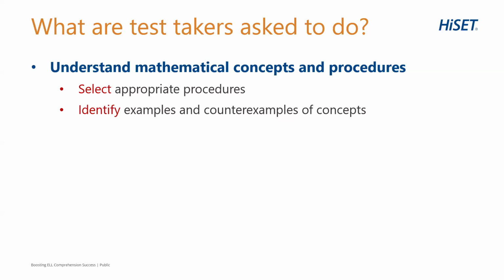First they're asked to show that they understand mathematical concepts and procedures. Okay, so I highlight the verb. So while you're looking at the verb, think about how that might affect test takers who speak English as a second language. Okay, so they have to select appropriate procedures. They have to identify examples and counterexamples of concepts.